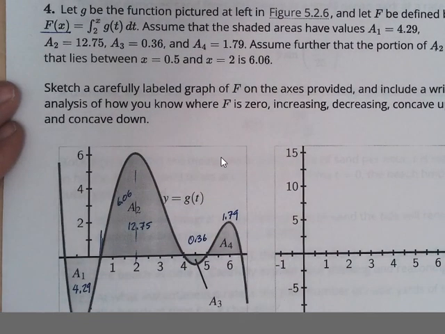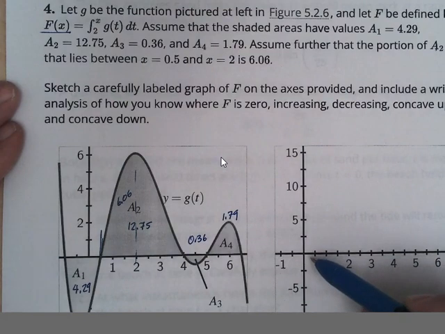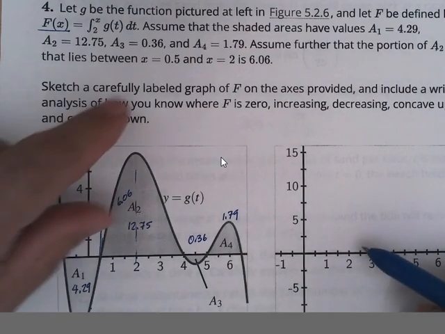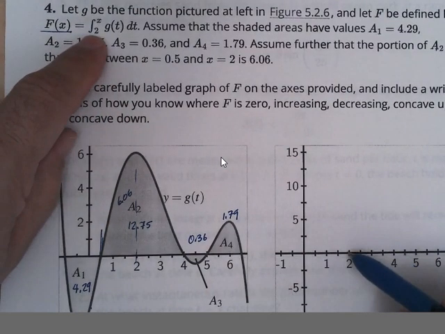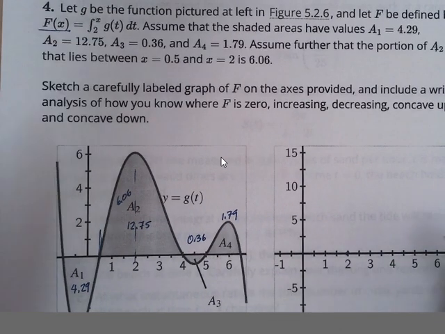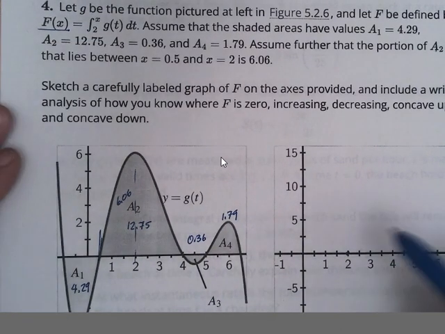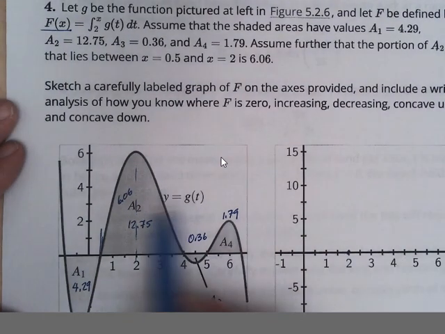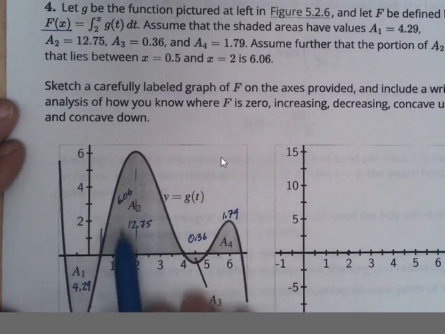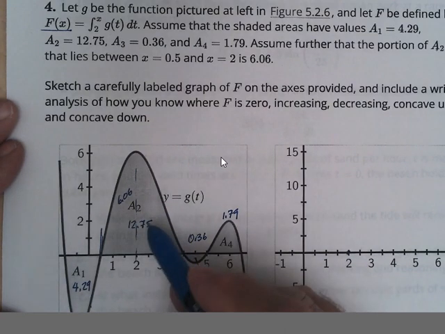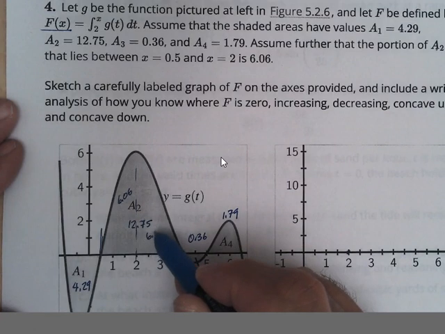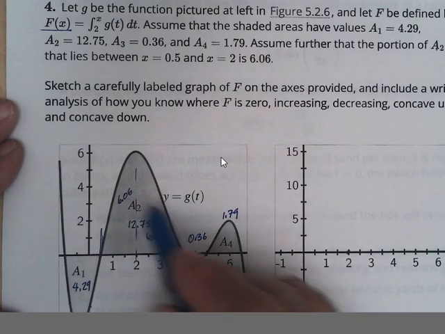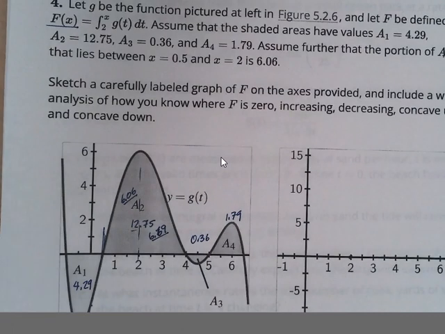Okay, so if we're going to graph the area, and we know that at 2 it's 0, then it goes up some. If it's 6.06 on this side, it must be 6.69 on this side, because that plus that would make the 12.75.